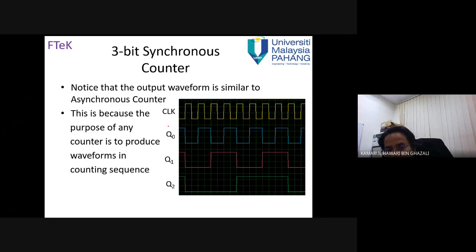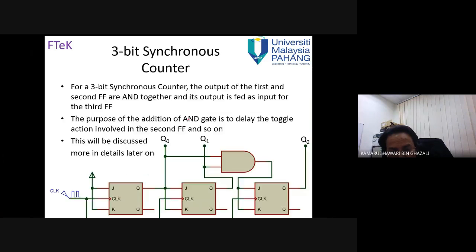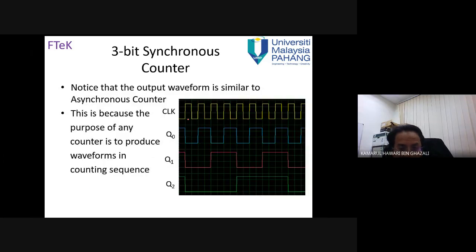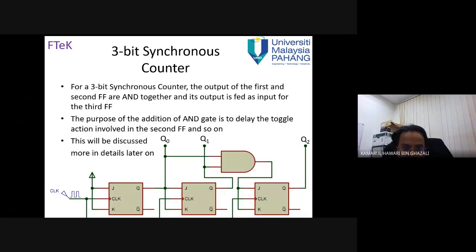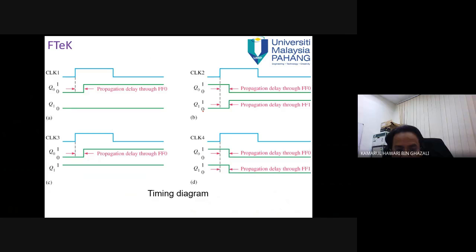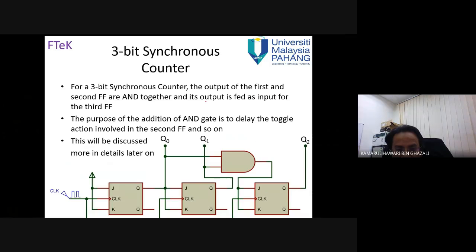Looking at the clock, let's say this is the example of a positive edge trigger, PET, positive edge trigger.